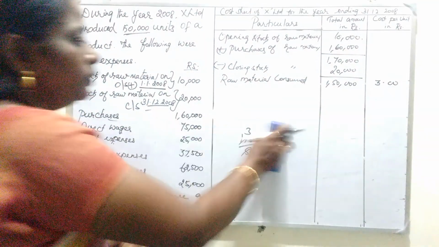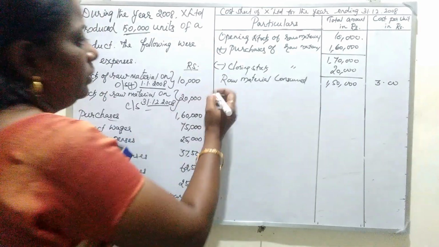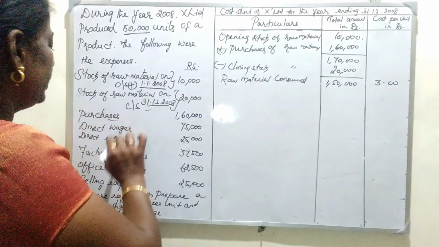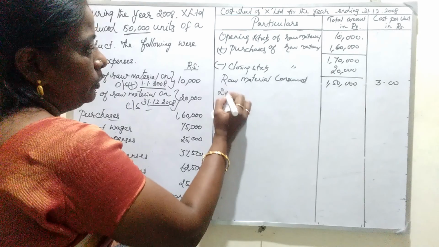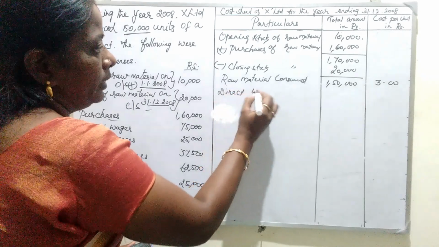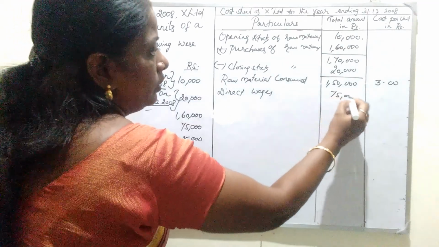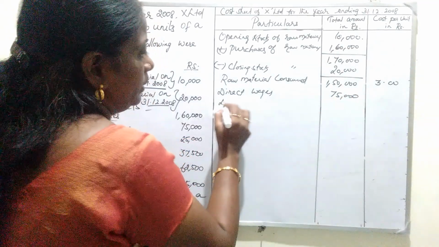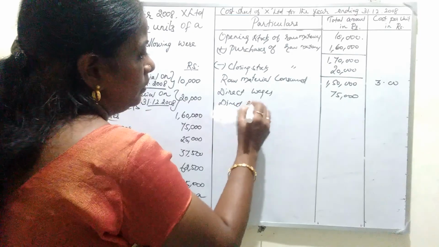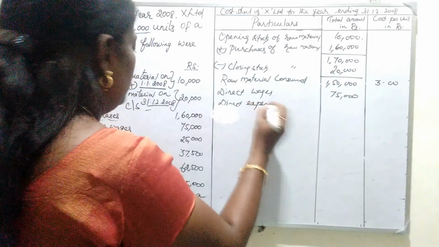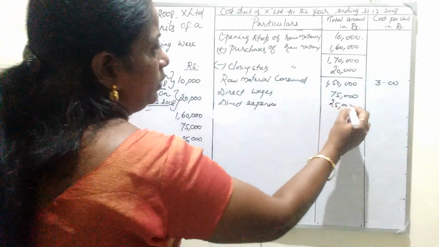Then we have to write the direct wages and direct expenses here to find the prime cost. Direct wages value is 75,000 and direct expenses value is 25,000.